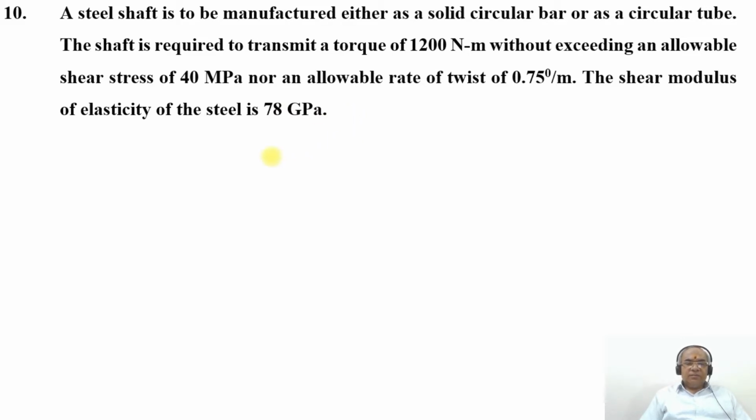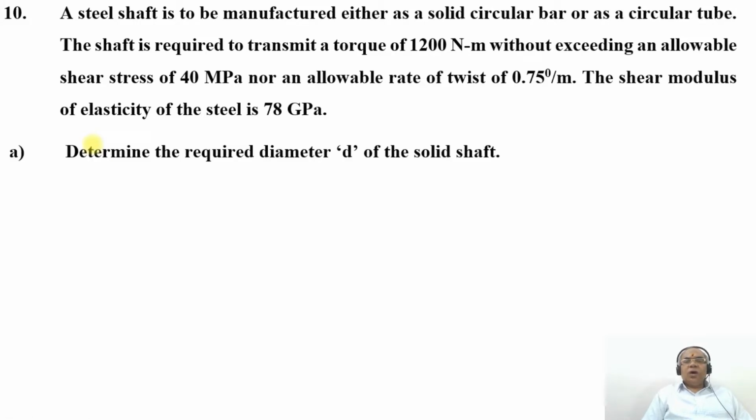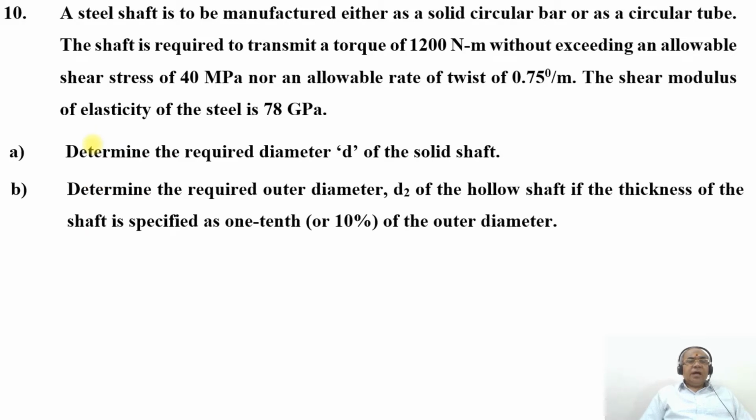Now, for the problem, we have to see the data. First, we need to determine the required diameter D of the solid shaft. Then determine the required outer diameter D2 of the hollow shaft if the thickness of the shaft is specified as 1/10 or 10% of the outer diameter.